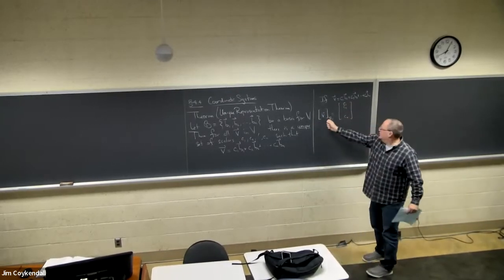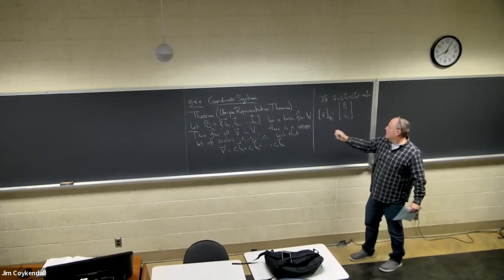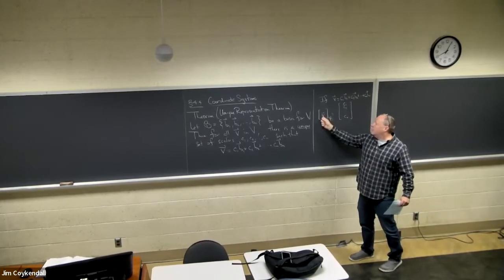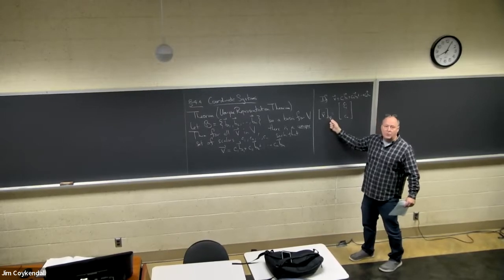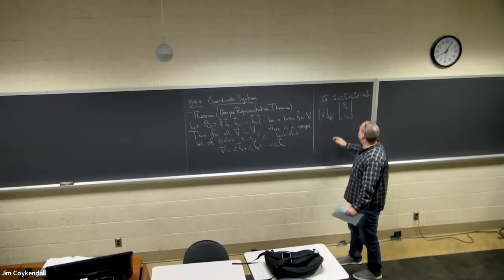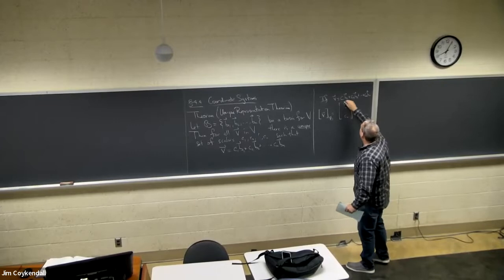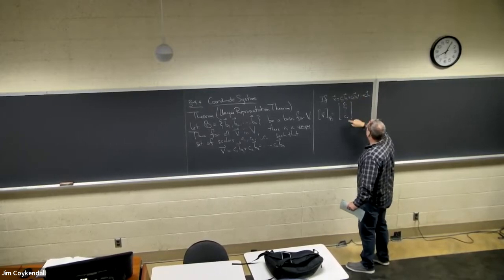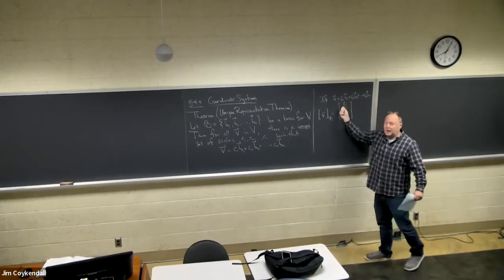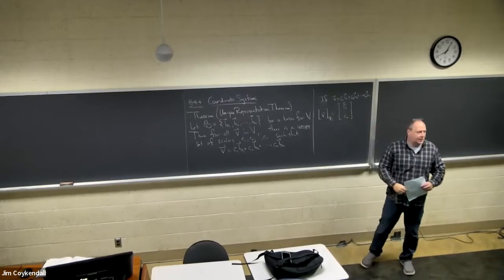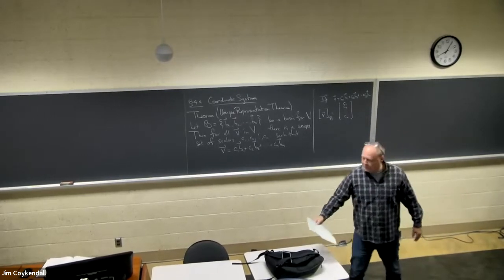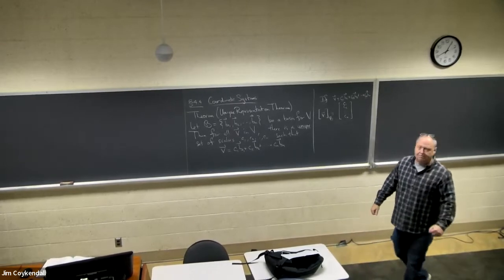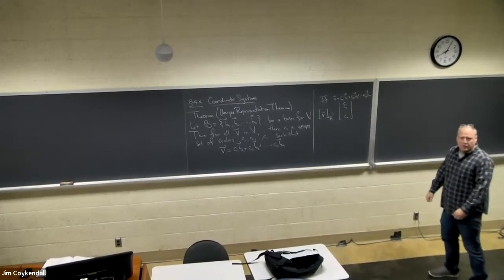So when you see this notation right here, what this means is I'm reading these coordinates with respect to the basis B. And what does that mean? That means that c1, c2, cn are the respective multipliers of b1 up to bn that create your v. Everybody okay? That's kind of a notation to use.